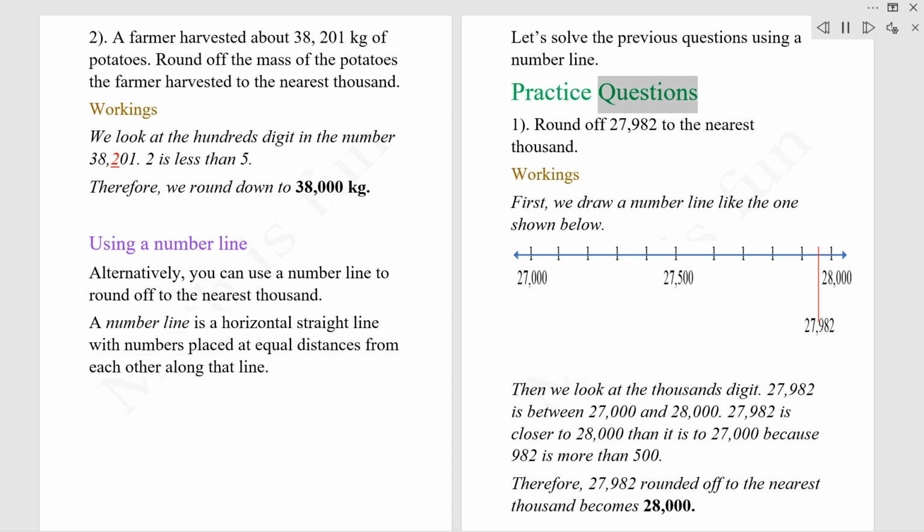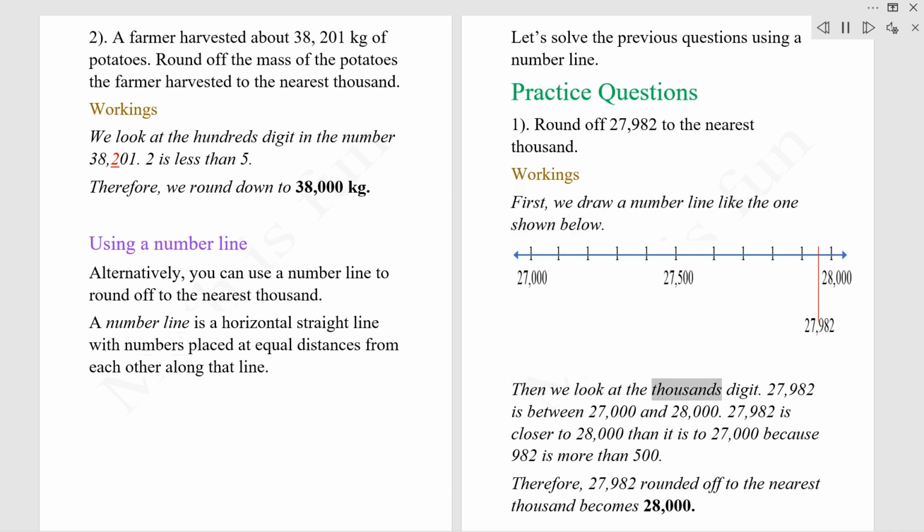Practice questions. 1. Round off 27,982 to the nearest thousand. Workings. First, we draw a number line like the one shown below.